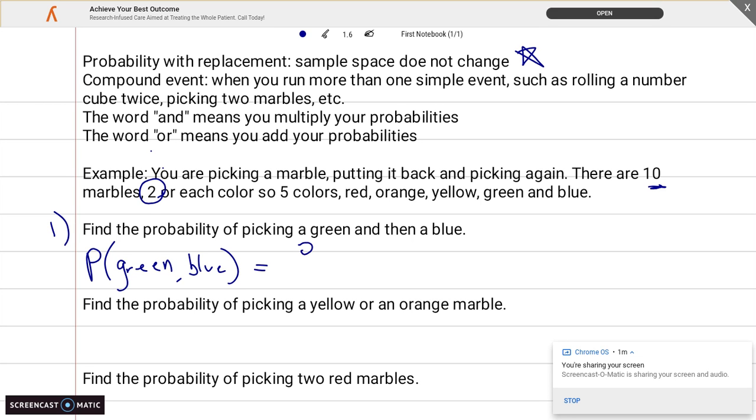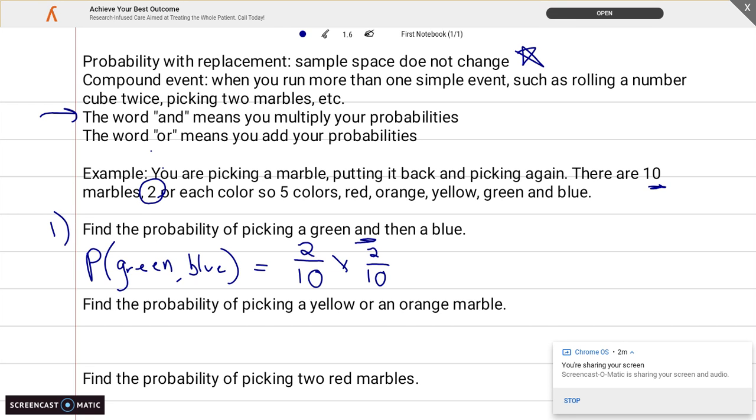So you have a 2 out of 10 chance of picking this green. And we learned before, that means that we need to multiply. So we're going to times now the probability of picking the blue. Again, there are still 2 of each colored marble in the bag and 10 in total. So there are 2 blue out of the 10 total in the bag.